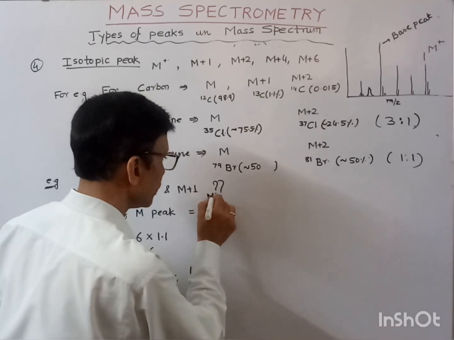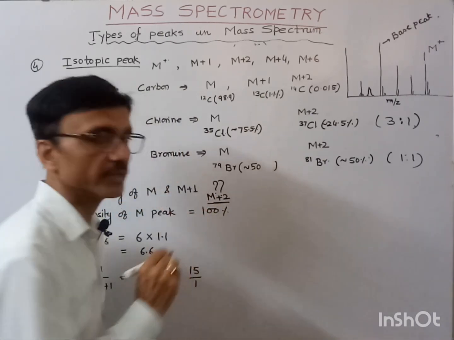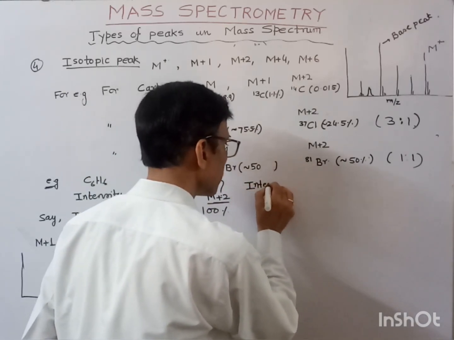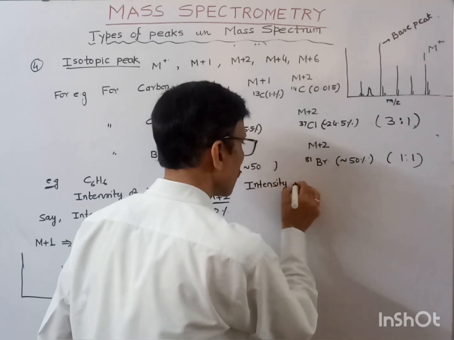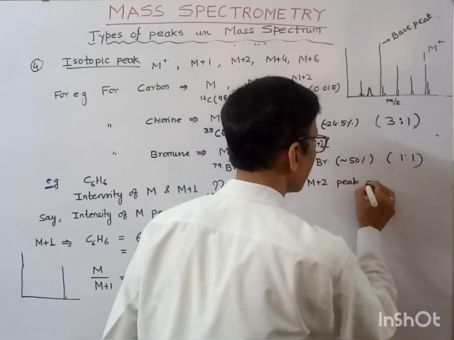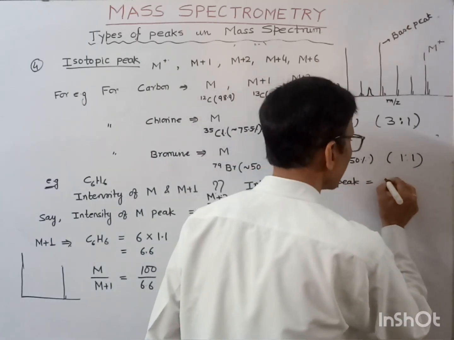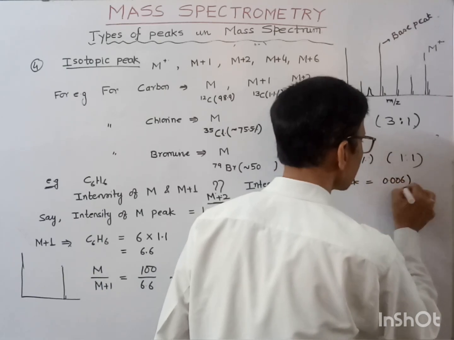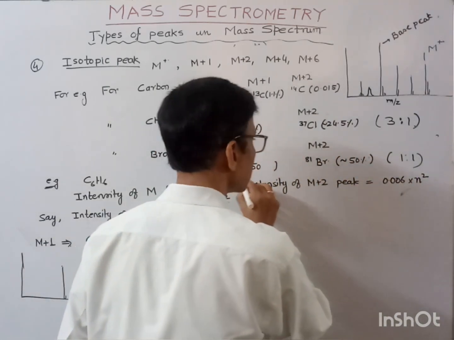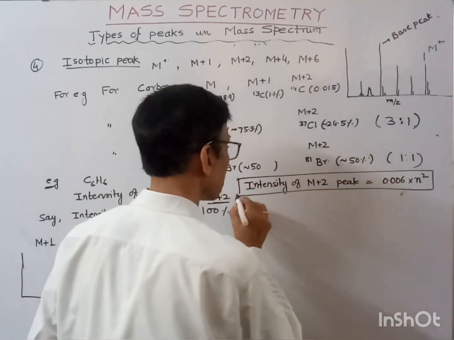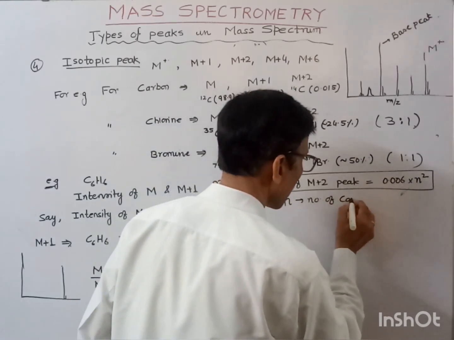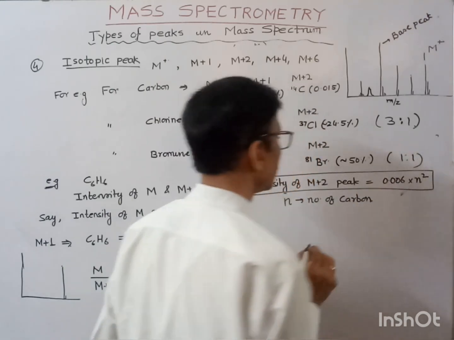The intensity of the M plus 2 peak is given by the formula 0.006 multiplied by n squared, where n is the number of carbon atoms in the molecule.